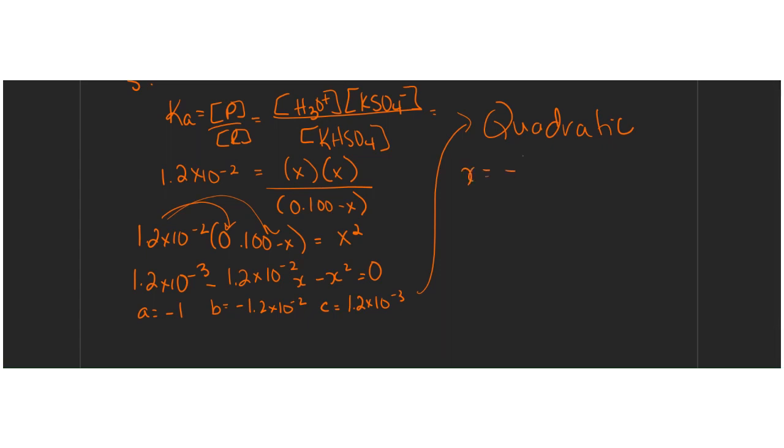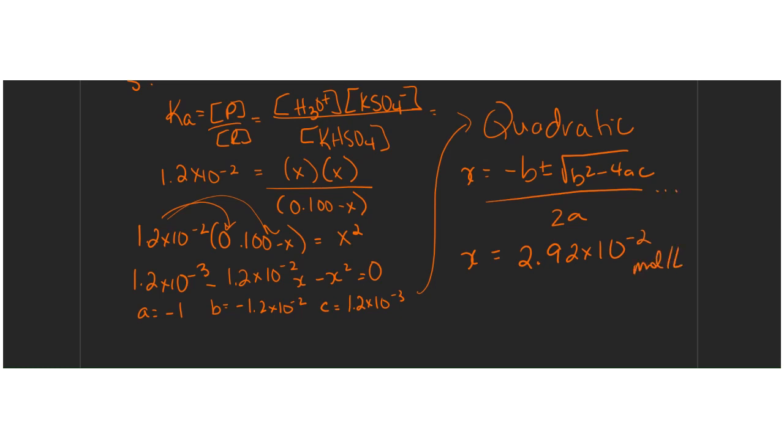And you know what it is. You're going to get a value of 2.92 times 10 to the negative 2 mole per liter. Okay.